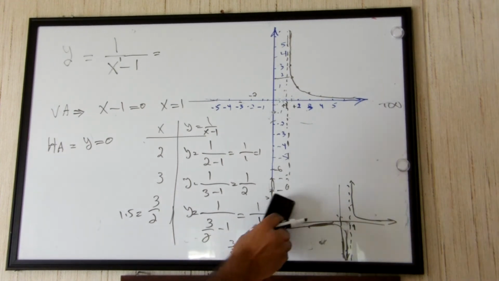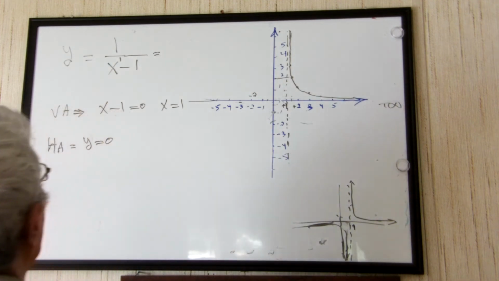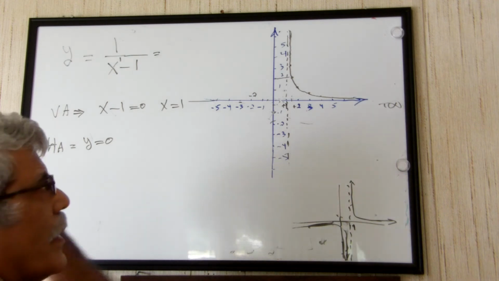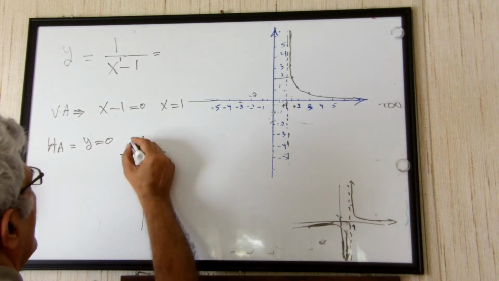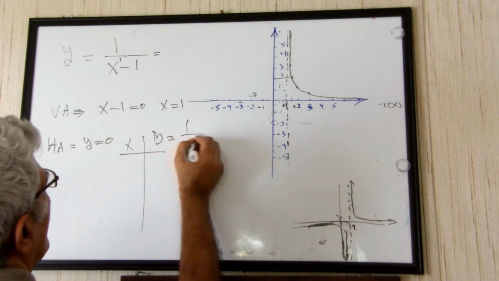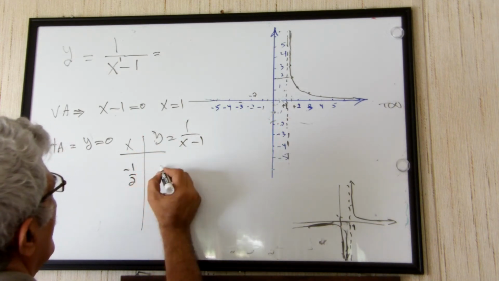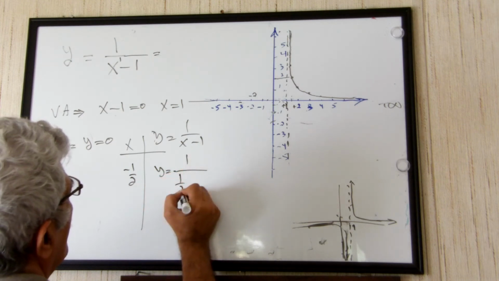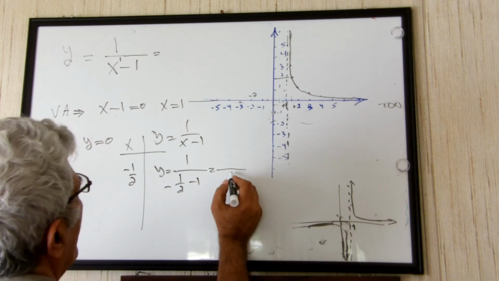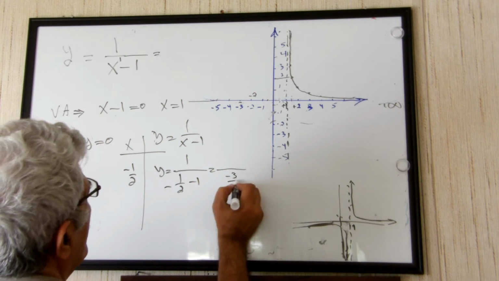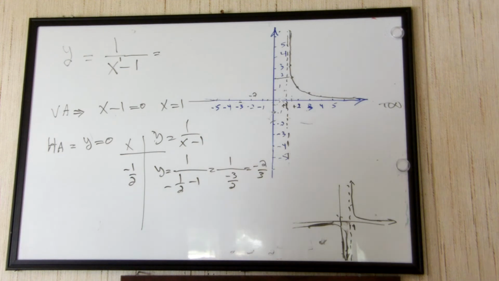So let's find a point here, on this part of it. y is equal to 1 over x minus 1, and if x is minus 1 over 2, y is equal to 1 over minus 1 over 2 minus 1. It's minus 3 over 2, so it's going to be minus 2 over 3, right?